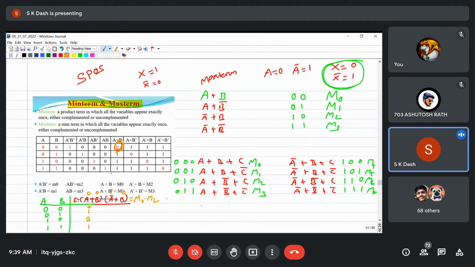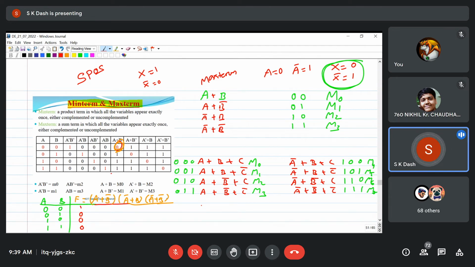Okay. Let's take another example. Now suppose f is equal to (a plus b bar) into (a bar plus b) into (a bar plus b bar). Then tell me what will be the output in this column. What should I write? Not 1 0 0 0; the first one will not be 0. It will be 1, then 3 zeros.